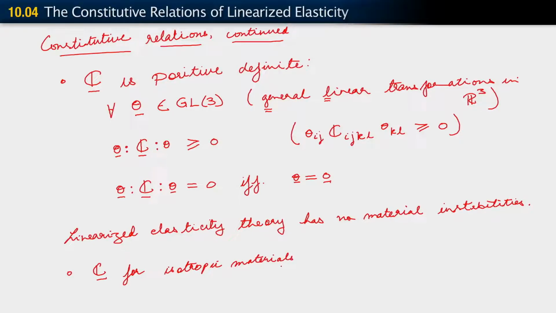Of course, this is for isotropic materials, as long as we want to treat them with linearized elasticity. And of course, we're talking mechanical isotropy. Let me first write it in coordinate notation.